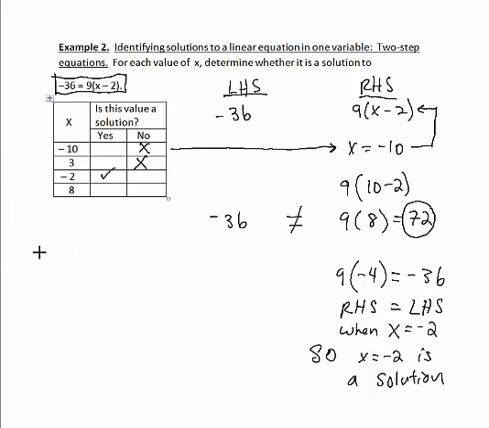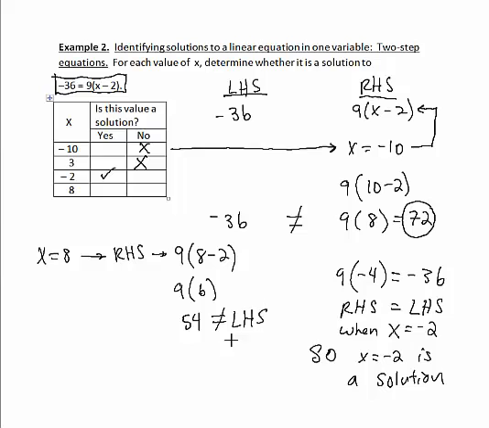And our last x value, x equals 8. Plugging x equals 8 into our right hand side, we would get 9 times 8 minus 2. 8 minus 2 is 6. 9 times 6 is 54, but that does not equal the left hand side.